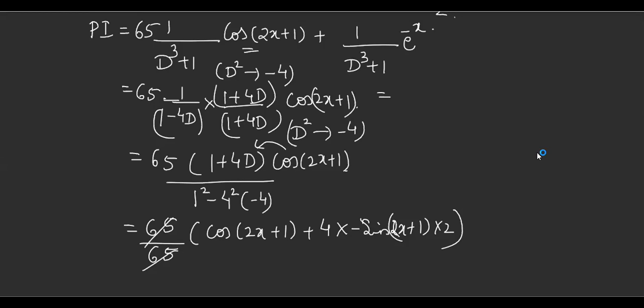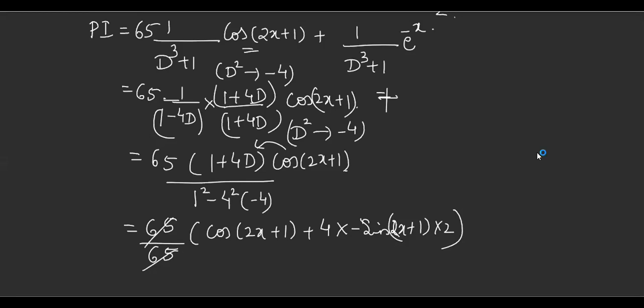So this is equal to now. Just see which case this belongs to. It belongs to the first case. In the first case we replace d by the coefficient of x. What is the coefficient of x here? It is minus 1. Replace it: minus 1 cube is minus 1, plus 1 is how much? Isn't it 0?